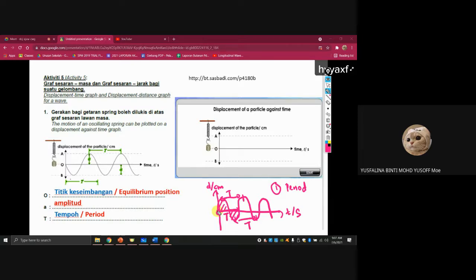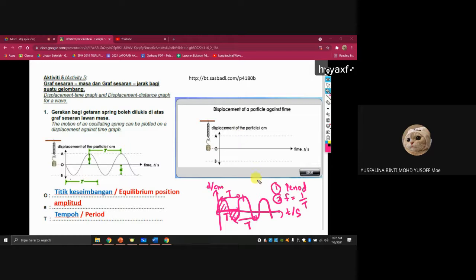Based on the period, you can find the frequency, because the frequency formula is 1 over T. You already know the period, so you just substitute in the formula. F equals 1 over T, then you will get the answer for frequency.